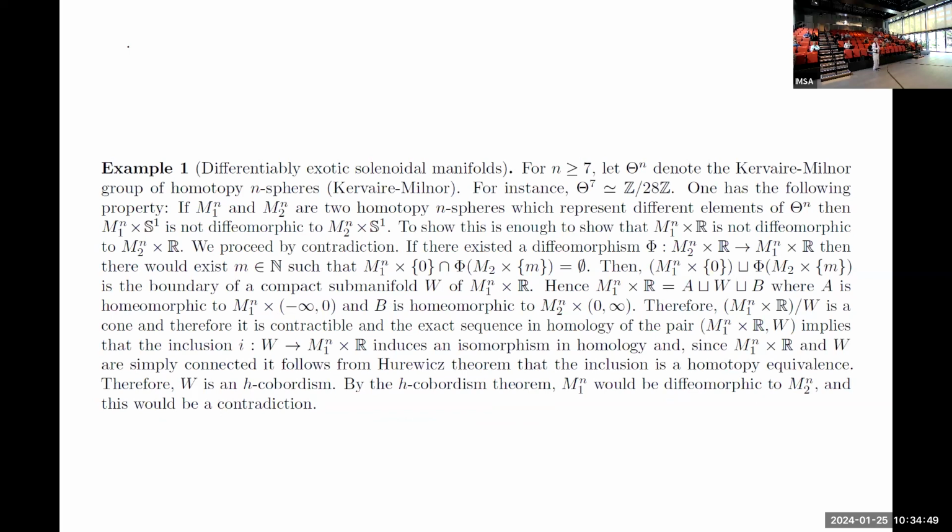Let's use the beautiful theory of the system by the Kervaire-Milnor. For any n greater than you take a group of homotopy spheres, theta n, for the coordinate classes of spheres of dimension 7, we know that this is a group, a simple group of order 28.